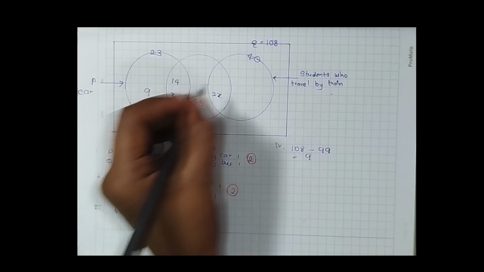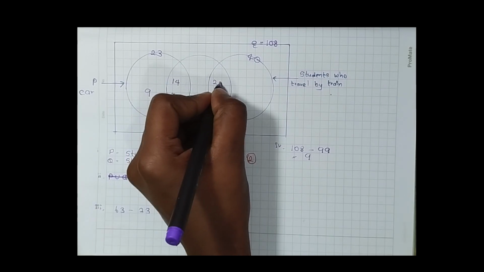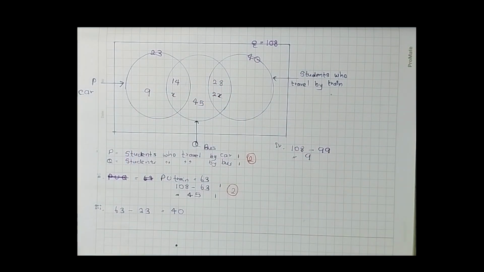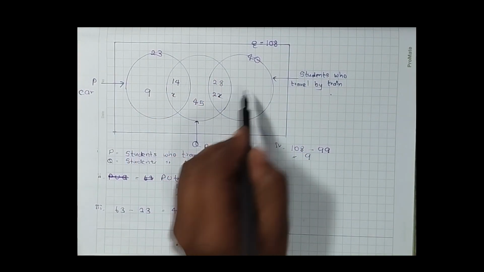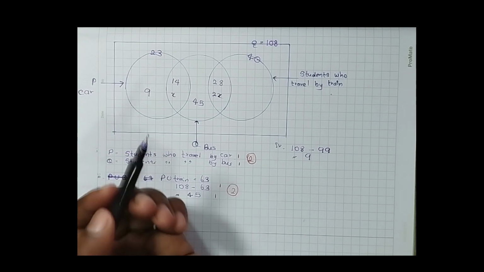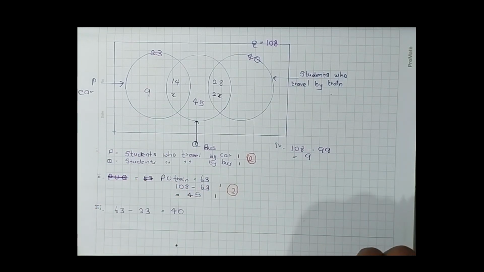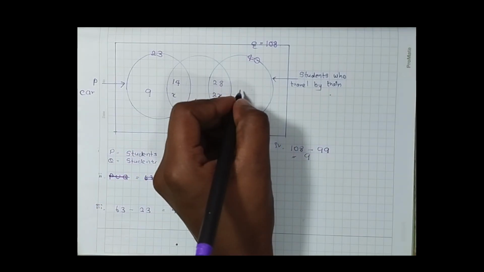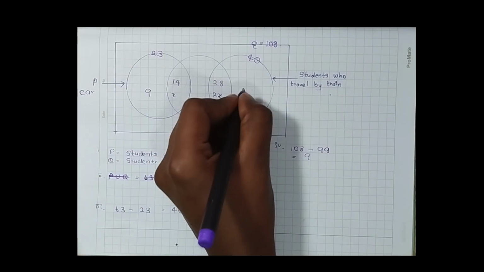So 2x means 28. Now you can find this region: 40 minus 28, you will get 12.